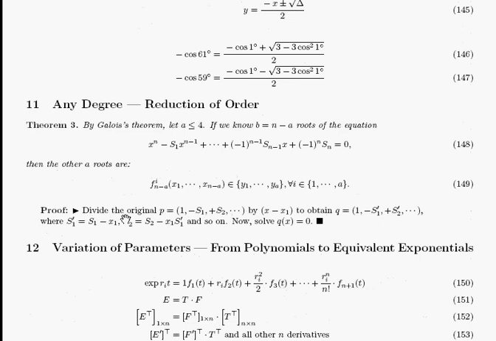Proof. Divide the original polynomial by x minus x1, for example cosine of 1 degree. Obtain q, another polynomial where we know the sums, s1 line, s2 line, and so on. Now solve q of x equals 0.